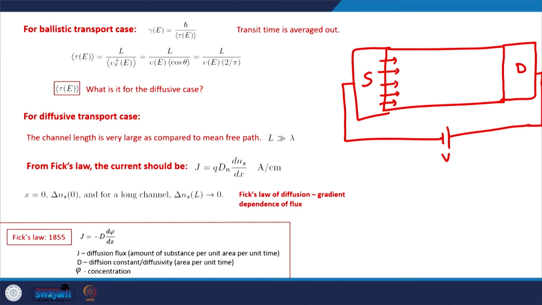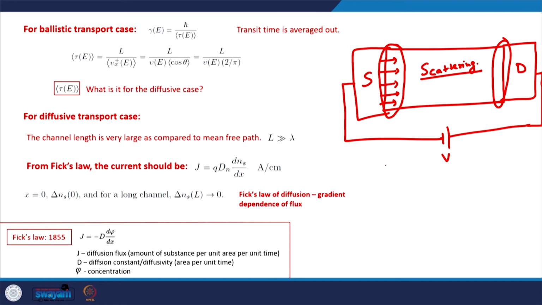All of these electrons will not make it to the drain side, they will undergo scattering in the channel. So, this area of the channel becomes the area of high electron concentration, this area becomes the area of low electron concentration, and that is why diffusion essentially takes place.